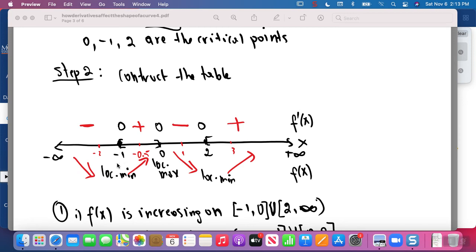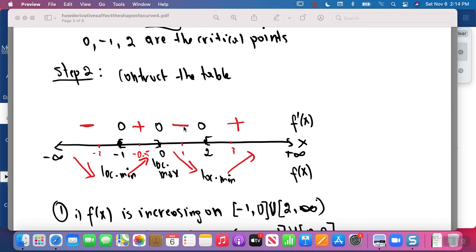So that means that at x equals -1, we have a local minimum. So f of -1 is a local minimum. And then we go to the second critical point, which is 0. We see that the first derivative function is changing sign from positive to negative at x equals 0. So that makes f of 0 a local maximum.